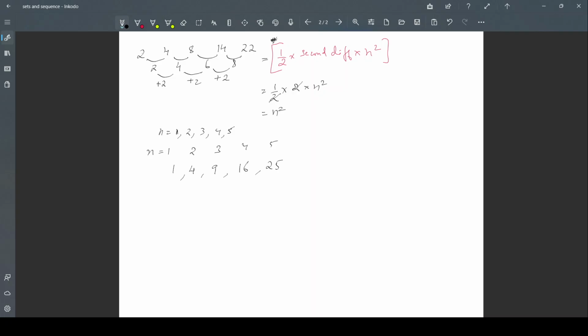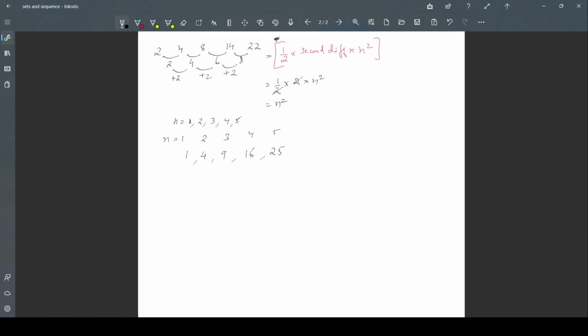After that, I'll pick up the original sequence, which is 2, 4, 8, 14 and 22. This original sequence needs to be subtracted from the sequence that we got from the second difference, that is 1, 4, 9, 16 and 25.